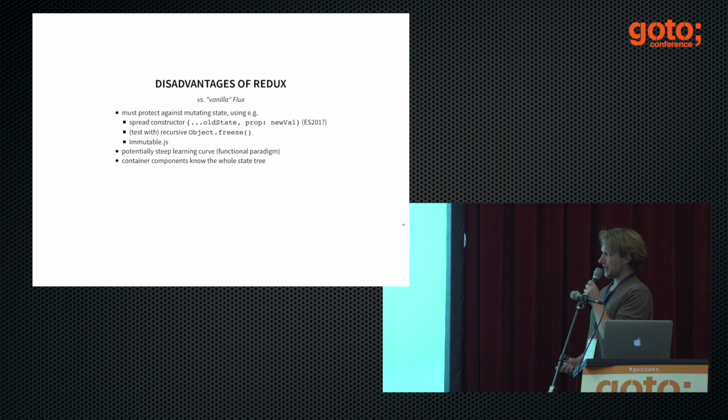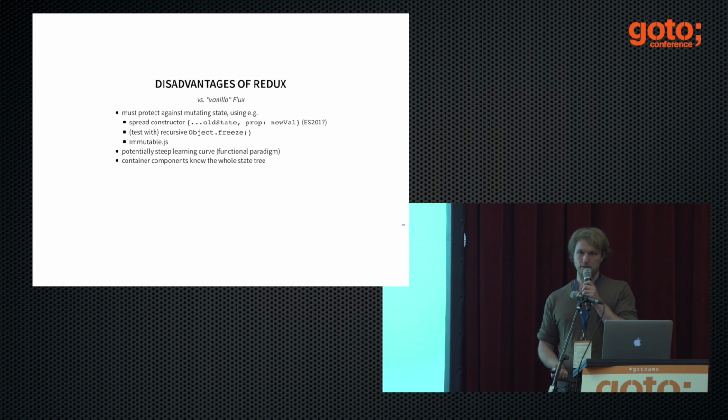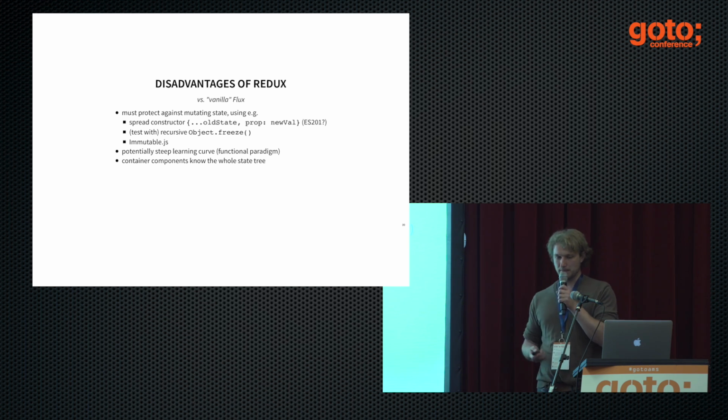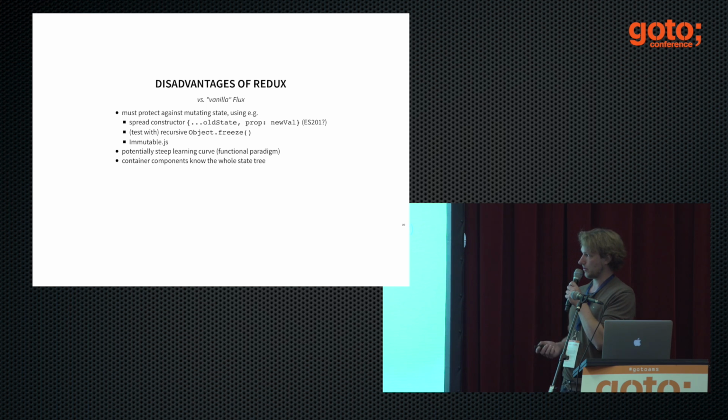And JavaScript doesn't actually make it very easy to do this right. JavaScript doesn't have built-in checking of immutability constraints. So if you're trying to keep your objects from being changed, you have to jump through some hoops.